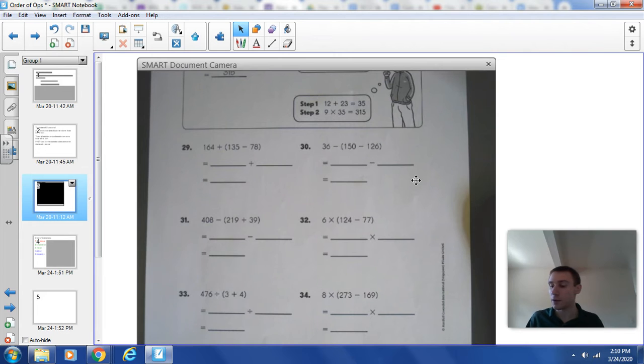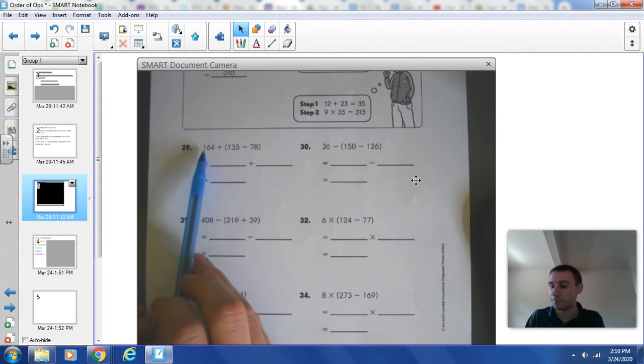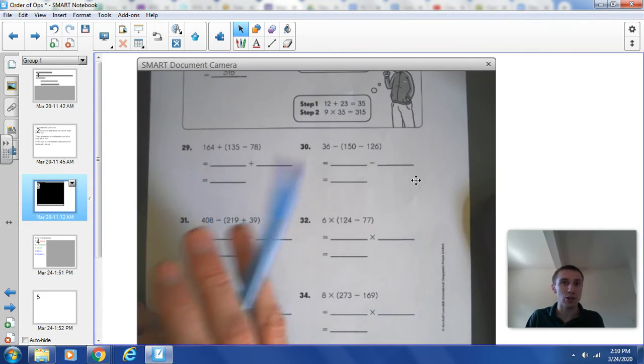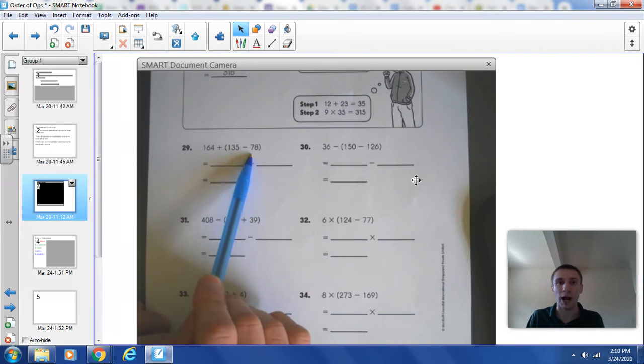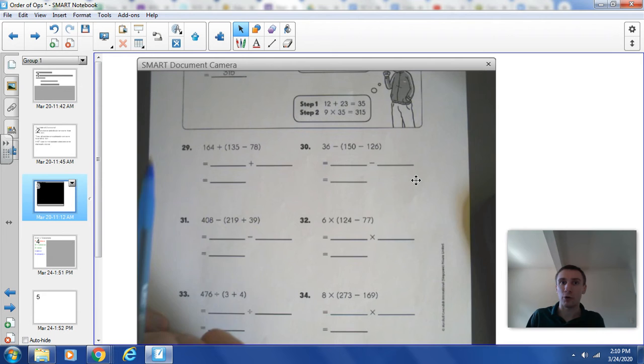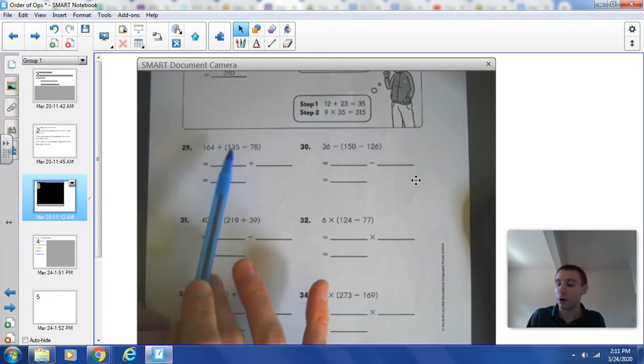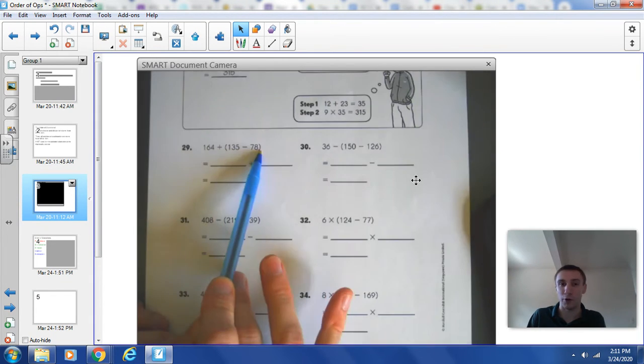That way we're used to working through these style problems when you get to them on your own. Now in number 29, there's no multiplication or division, it's addition and subtraction. We know that order of operations typically tells us to solve from left to right. However, I'm not going to follow the left to right rule because the parentheses come first.